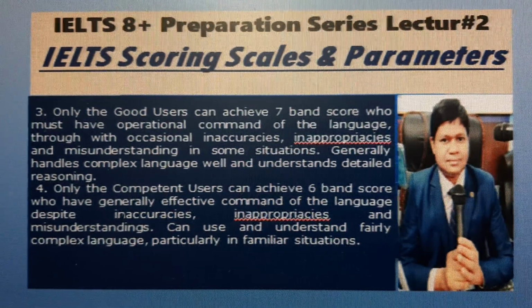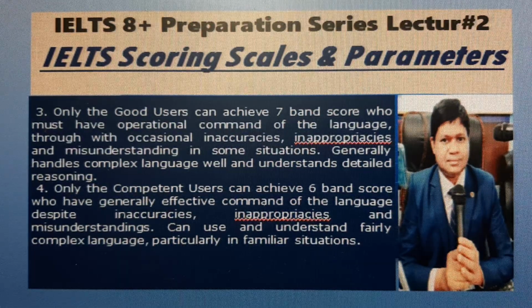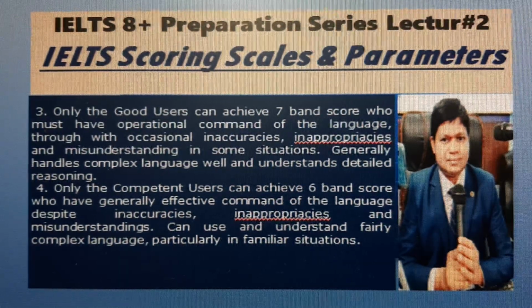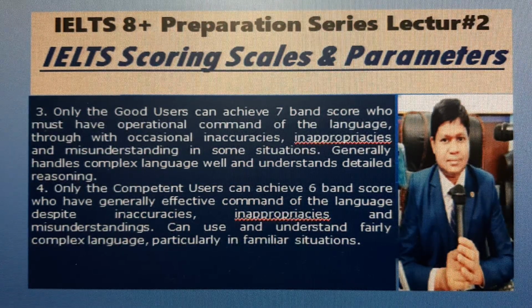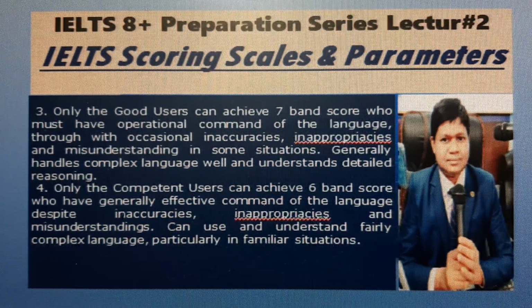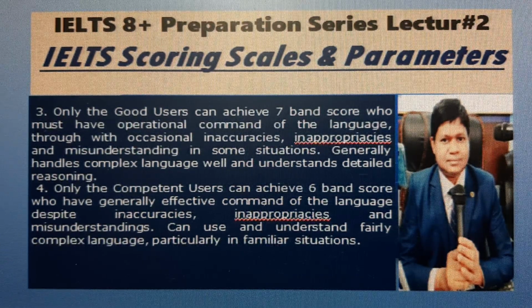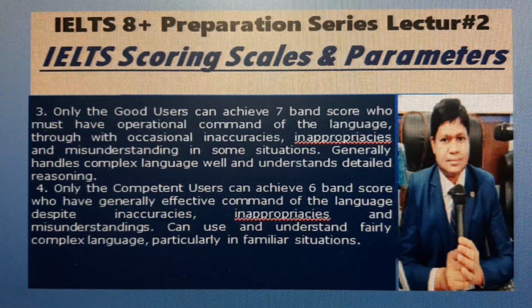Number 5. Score 5 band. User type: modest user. Experience required: has partial command of the language, coping with overall meaning in most situations, though is likely to make many mistakes. Should be able to handle basic communication in own field.